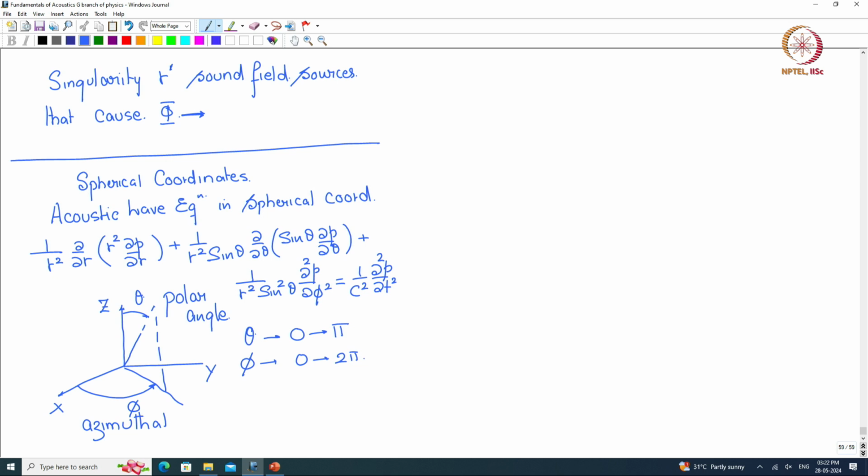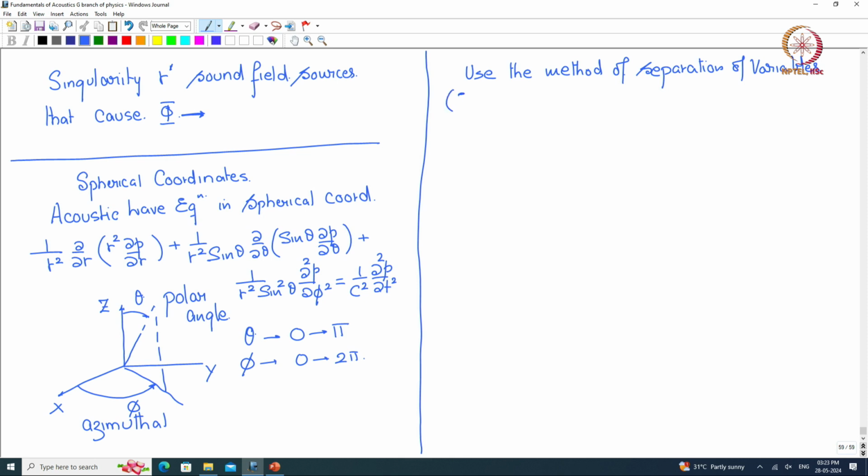Now how do we solve this? So we use the method of separation of variables, attributed to Euler, who's supposed to have discovered it. It's a great method.